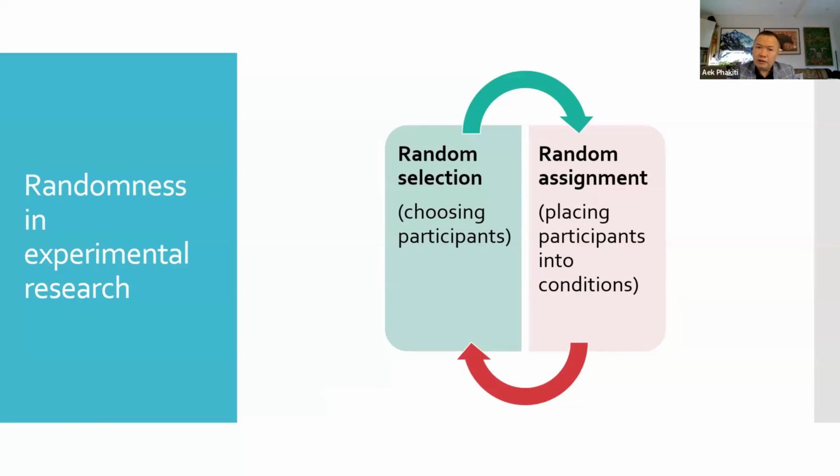So with the true experiment, we have this issue we call randomness. When we can randomize things, we can make sure that things fall into groups without bias.